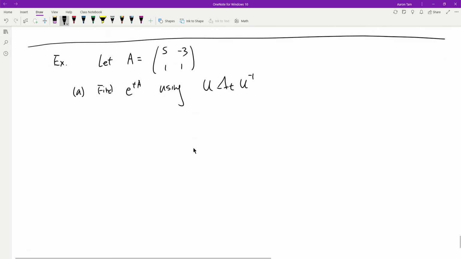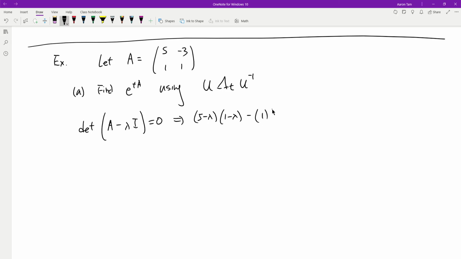All right, so let's try to figure this out. So let's start with the eigenvalue. So the determinant of A minus lambda I must equal 0. So therefore that tells me 5 minus lambda multiplied by 1 minus lambda, minus 1 times negative 3, equal to 0. By now you should be able to write this out without going through all these little steps in between.